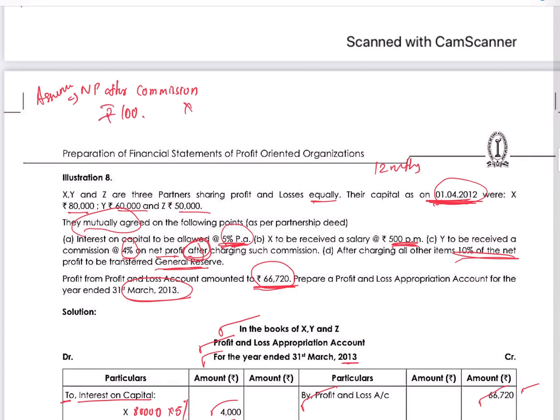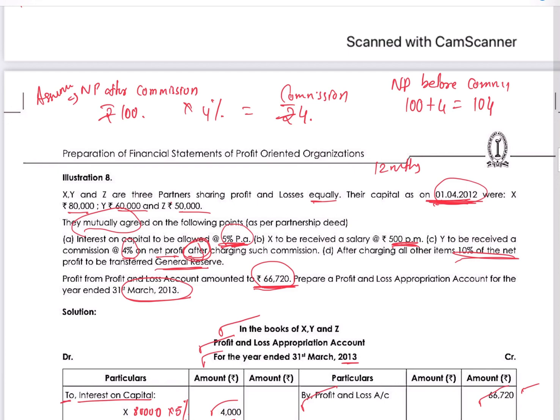On that 4% we have to do, so that will be his commission. It will be 4, right? 4% on 100 is 4 rupees. So net profit before commission should be 100 plus 4, 104.